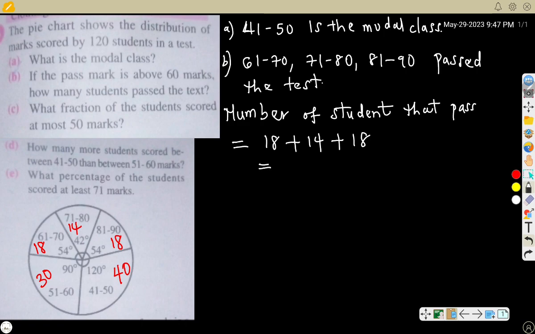So 18 plus 18 plus 14, that is 50. That means 50 students passed the test.